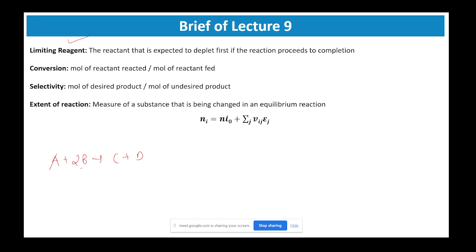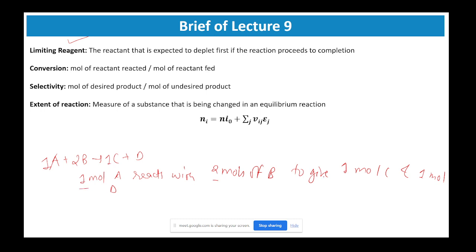If no number is mentioned, it is 1, so 1 mole of A reacts with 2 moles of B to give 1 mole C and 1 mole D. What do 1, 2, 1 and 1 represent here?